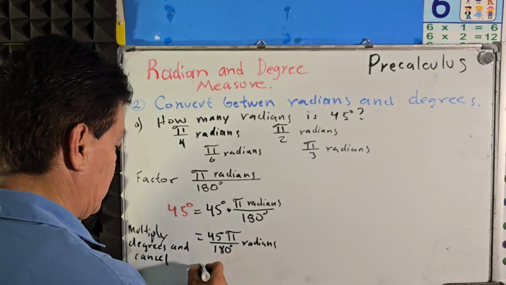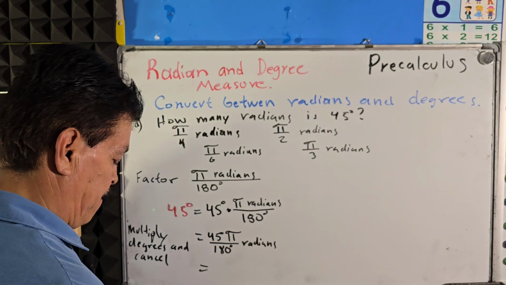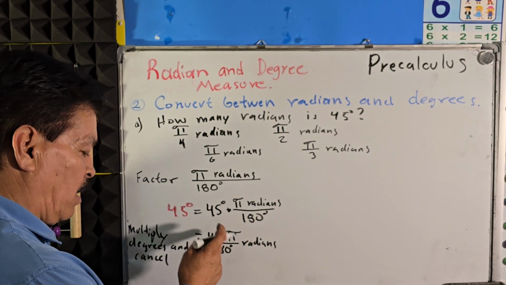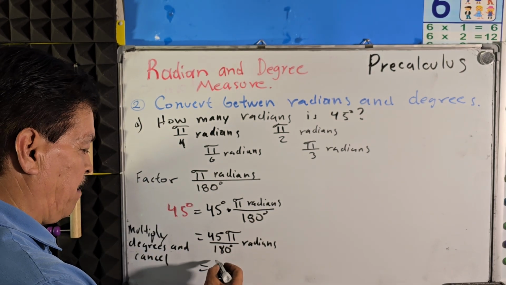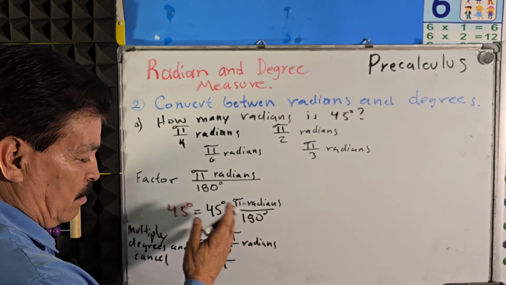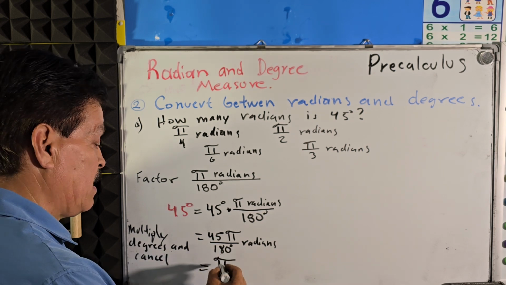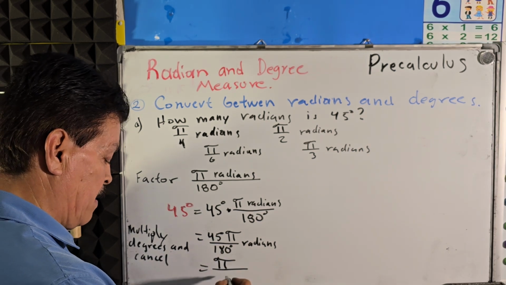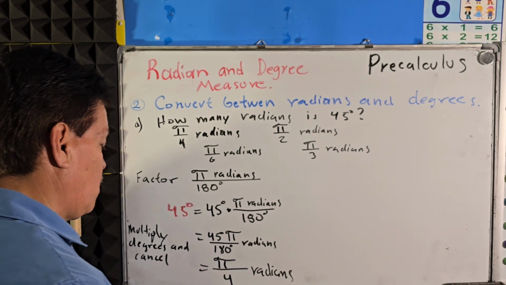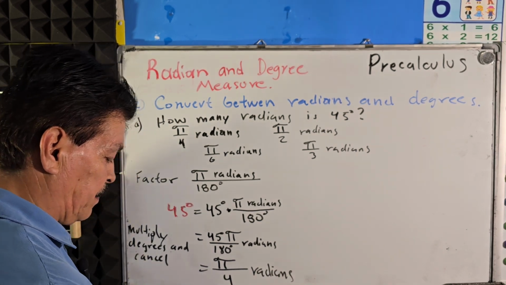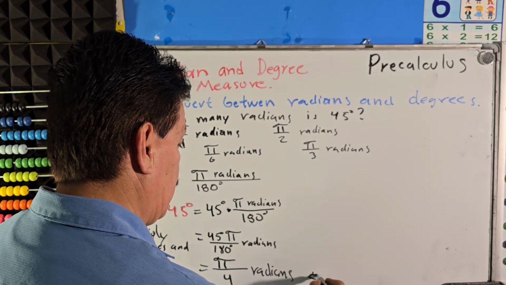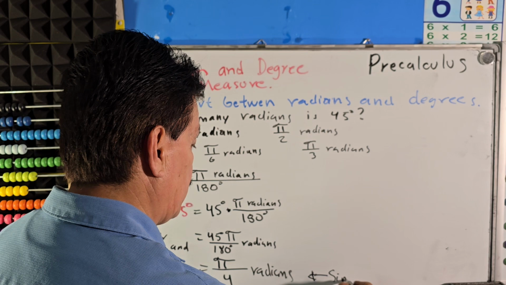Next step will be equals. When you simplify this, we have pi divided by 4 radians. What happened here? This step is simplify.